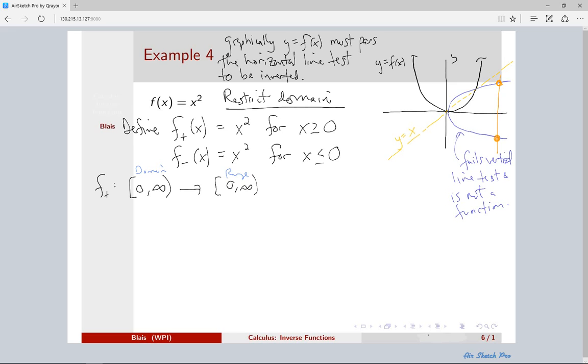So roughly speaking, the way this is written, we want to think of this as, this tells us that the function f plus takes numbers from the interval [0, infinity) and maps them to numbers in the interval [0, infinity). So let's invert that function.